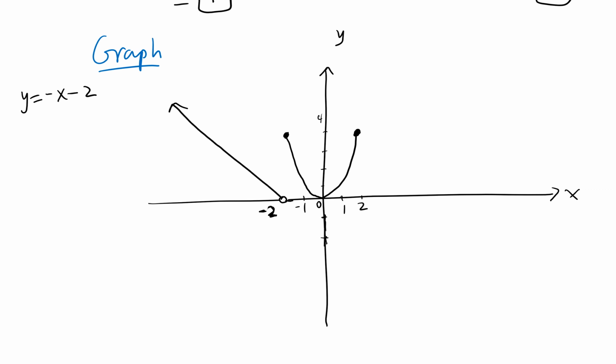It starts from 2 on. Here it says not equal, so we put an open circle. But for this one, when x is 2, y is a little bit above 1. This is 1, 2, so somewhere here. And we know the square root of x goes this way. So the domain for this is really all real numbers, and the range is from 0 to infinity.